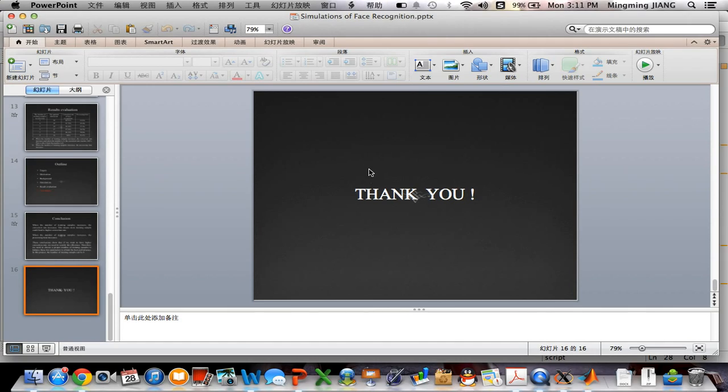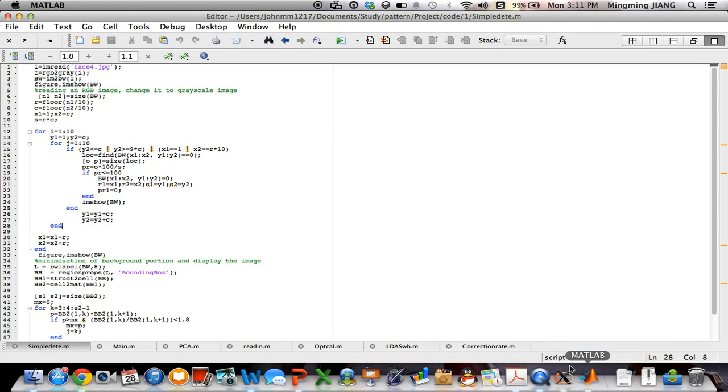Now I talk about the program of my project. The code is written in MATLAB. This is the first part of my project, and this part is used to input the images and change them into grayscale.